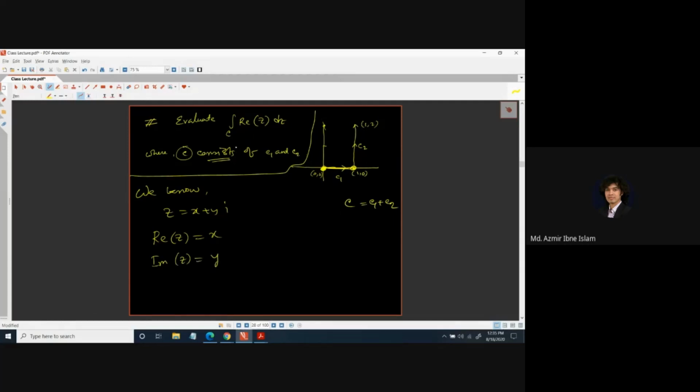So since we have real z, the integral that we have is actually giving us x dz. Do you understand what it means? Yes, sir. So this is our integral. Remember, this is equal to this one. We have to evaluate this integral.